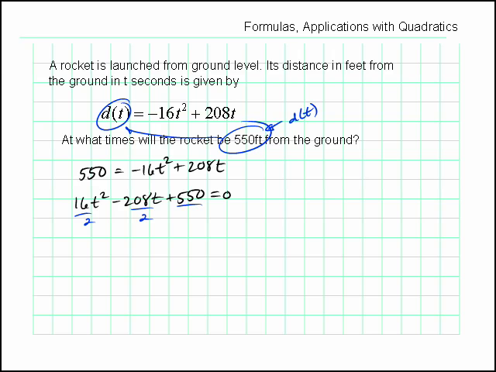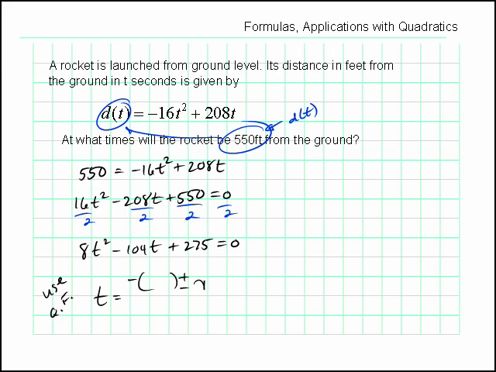That I could do and make the numbers a little smaller. 8t squared minus 104t, or plus actually, plus 275 equals 0. Oh, I forgot to divide that by 2 there. But I'm going to have to use the quadratic formula to solve this. Use the quadratic formula.